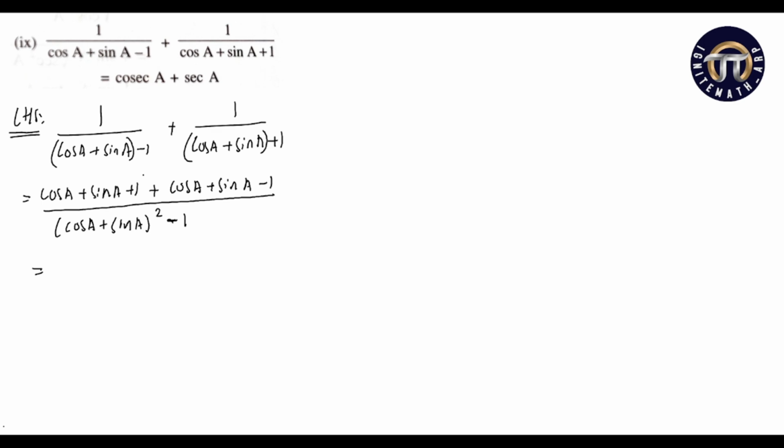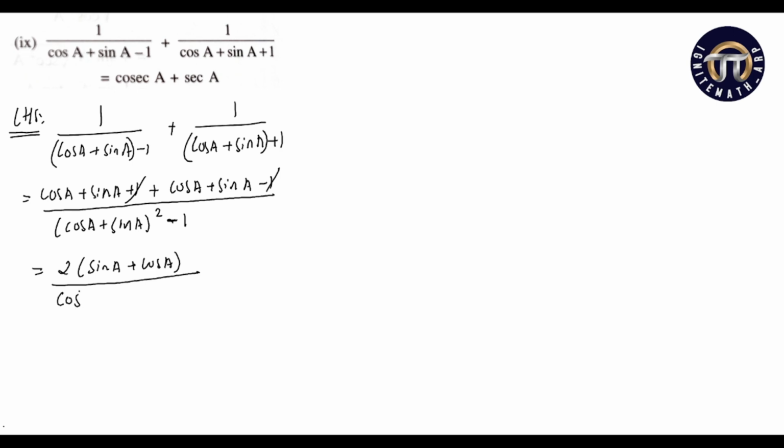So now I'll be having 1 plus and 1 minus, so they get cancelled. So now I can write directly that 2 cos a's are there, so I can write 2 sin a plus cos a. Clear, children? And expand the denominator using a plus b the whole square formula.